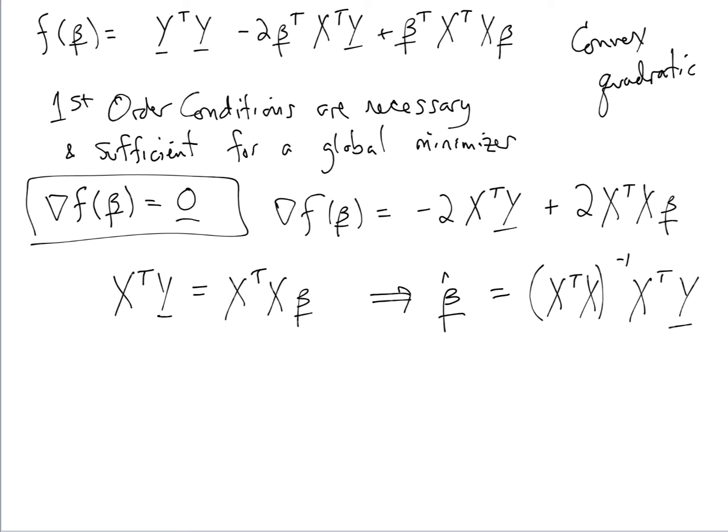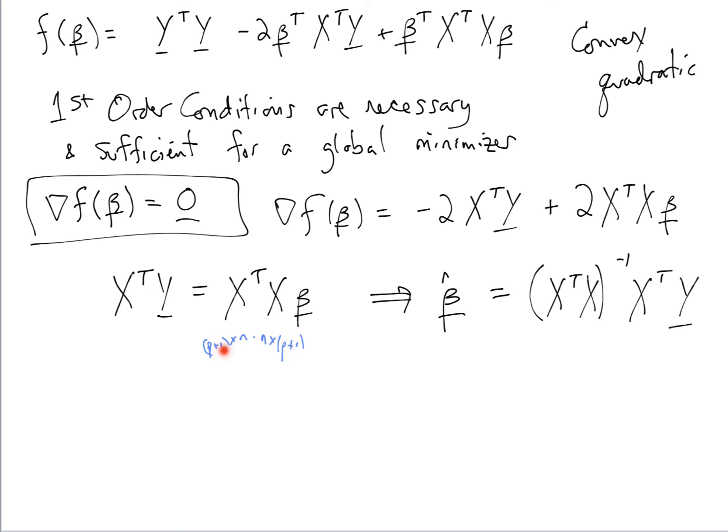Now the requirement that X transpose X be invertible can be thought of in the following way. Remember that X is n by p plus 1. So X transpose is p plus 1 by n. So X transpose X is a p plus 1 by p plus 1 matrix. That is not a large matrix compared to X itself. Remember, typically p, the number of predictors, is much smaller than the number of observations n.